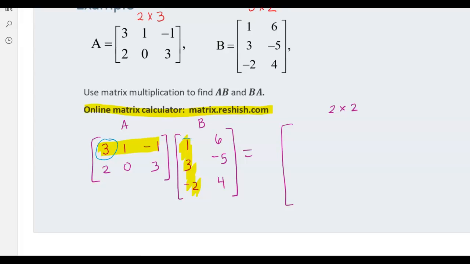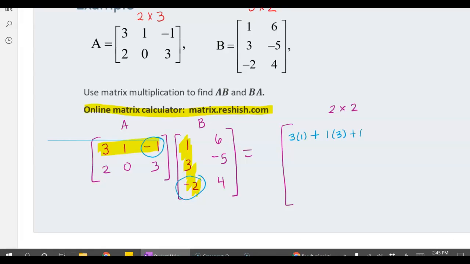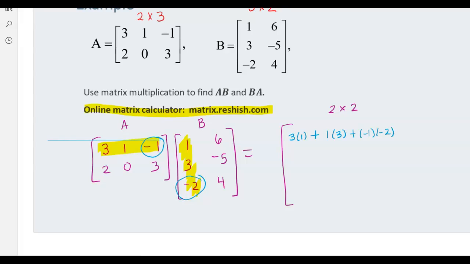The first entry in column B is a 1. So I'm going to have 3 times 1. And then I'm going to add that to the second entry multiplied by the second entry, 1 times 3. And then I'm going to go to the third entry, -1 times a -2. That's going to end up being my first entry in my matrix.